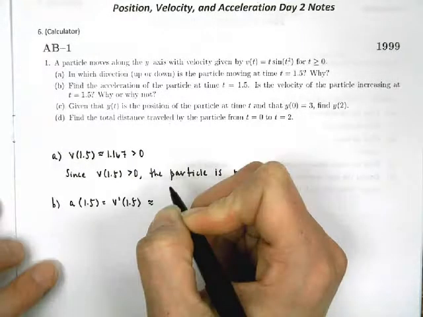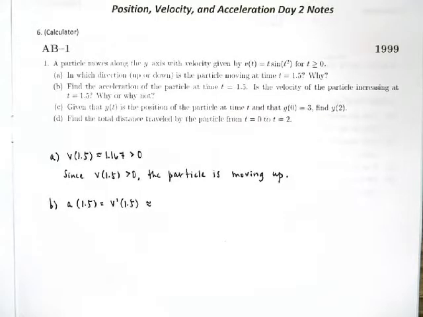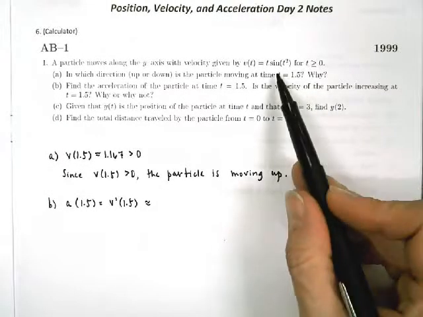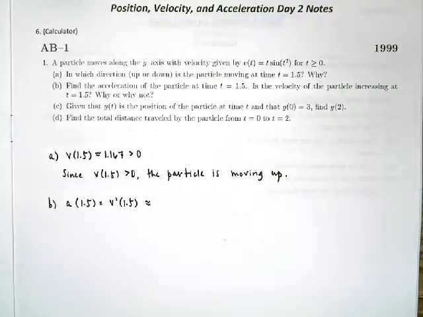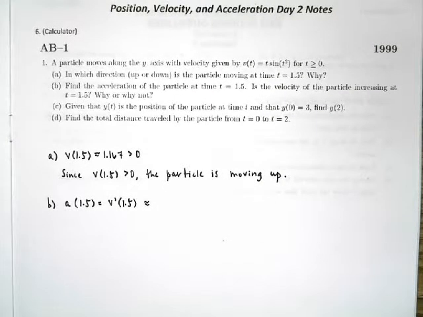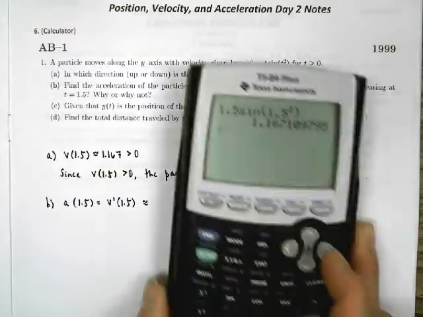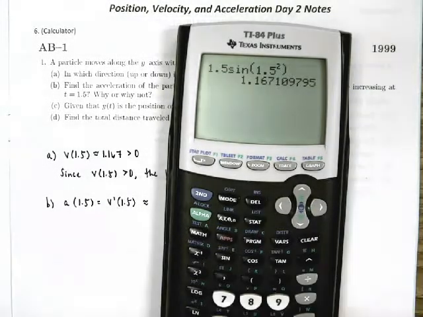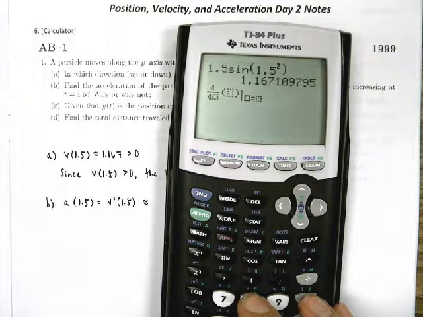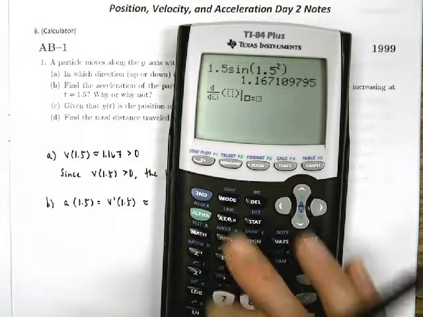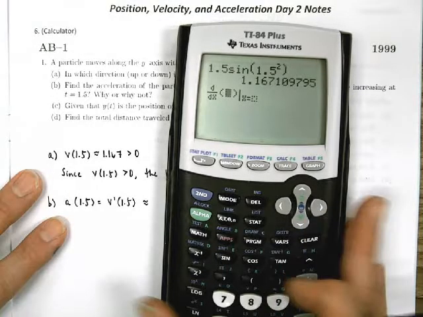And now here, since it's a calculator question, I'm going to save some time. Instead of calculating that derivative by hand, which we could do, we would have product rule and some chain rule, I'm just going to use my calculator to calculate this. So if you remember, if we go to math and then 8, we get our derivative here. So what I'm going to do is the derivative with respect to x.